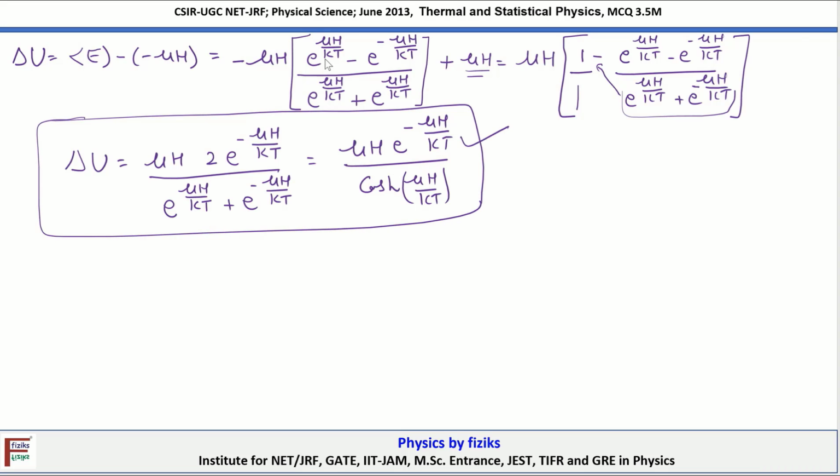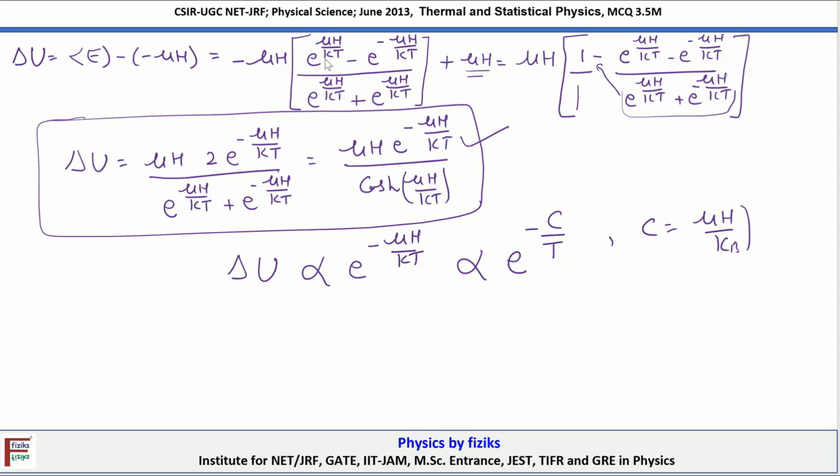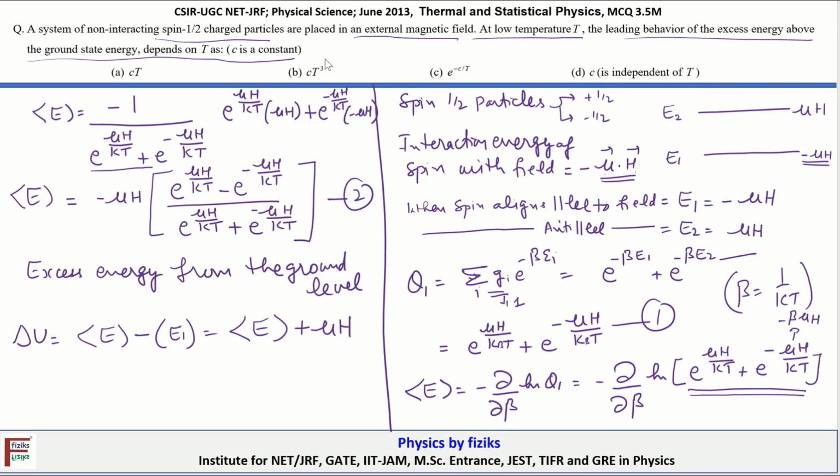So delta U is proportional to exponential minus mu h by kT, or you can say it's proportional to exponential minus c by T, where c is equal to mu h by kB, which is a positive constant. So therefore the correct option is c.